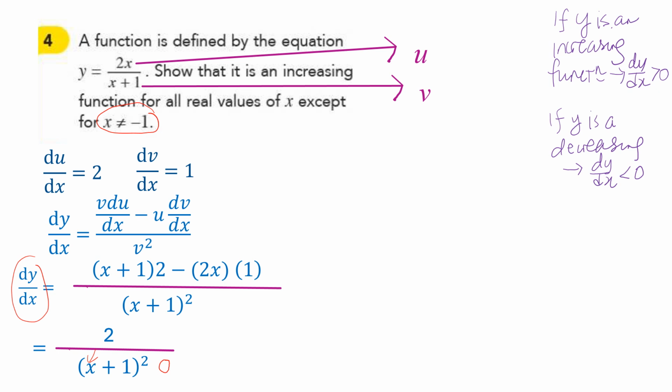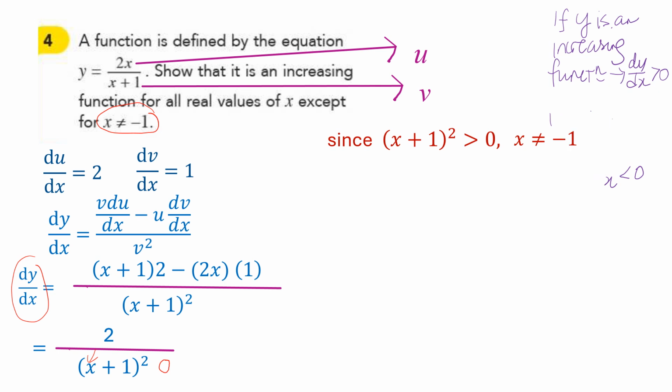Let's take a look. So first, we observe that the denominator is more than 0, because x cannot be negative 1, so it definitely has to be more than 0.